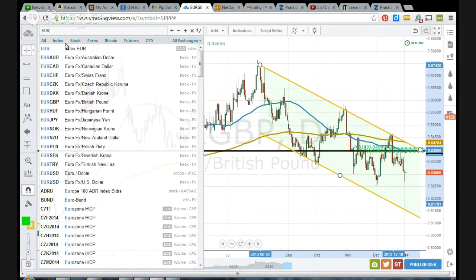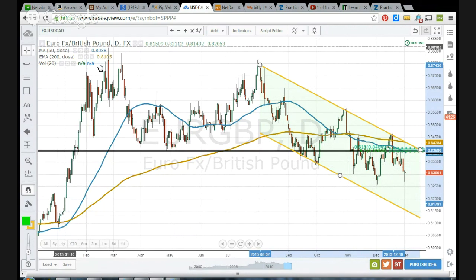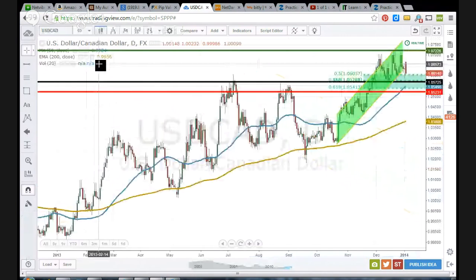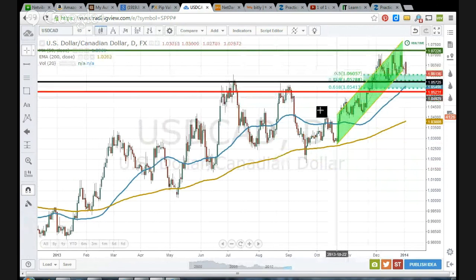So now we can just go down the list. Actually, let's check out the other position that I had identified before we go down the list. US dollar, Canadian dollar. That was a chart I identified yesterday as something I wanted to keep an eye on. Let me zoom in a little bit.